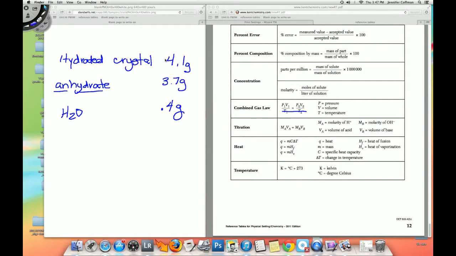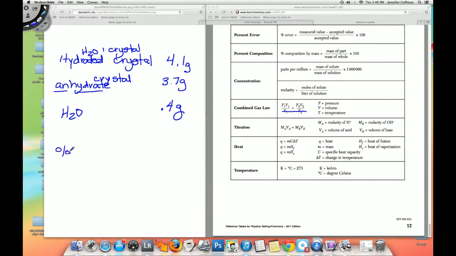This is the whole thing, because this was the water and the crystal. This was the crystal without the water. The hydrate means water, and this was just the crystal. So the whole thing, the water and the crystal, was 4.1.